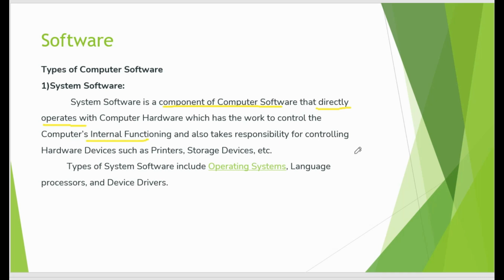Also, it takes responsibility for controlling hardware devices such as printers, storage devices, etc. So basically, system software directly operates our computer hardware and controls its internal functioning, and the types of system software include operating systems, language processors, and device drivers.